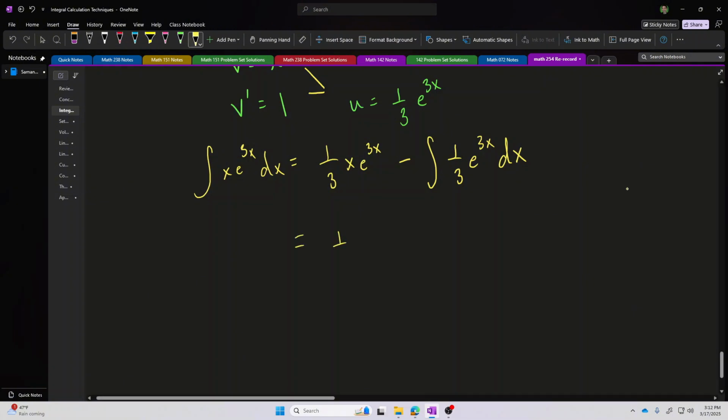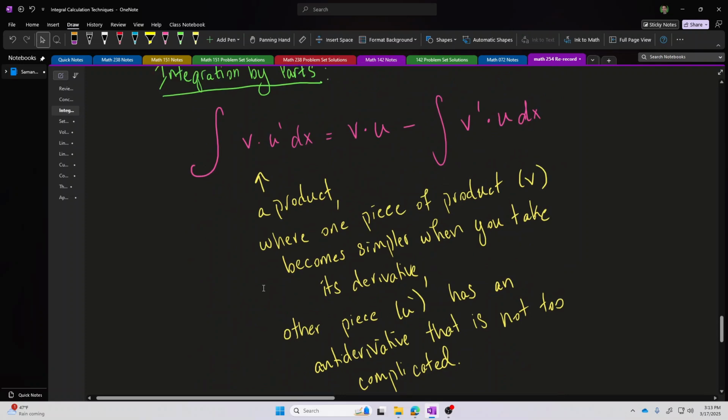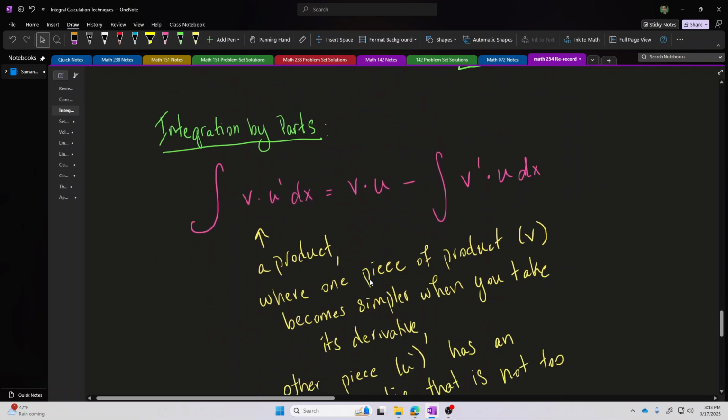It just contains a constant multiple. So if I integrate that using the constant multiple rule and using a simple substitution for this 3x, I get this result. So those two rules, substitution and integration by parts, could help you to integrate certain products in certain special cases.